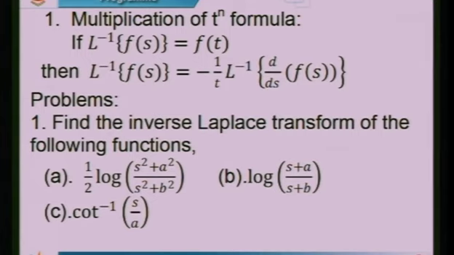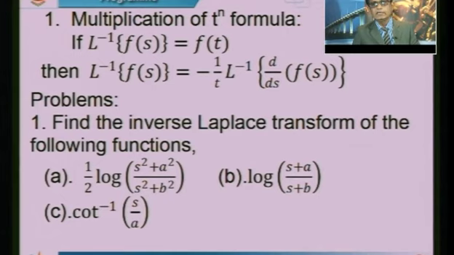Then the second one, log of (s plus a) by (s plus b). Now the third one, cot inverse of s by a. Nowhere is it mentioned which method or which formula to be used. Here it is asked just to find the inverse Laplace transform.